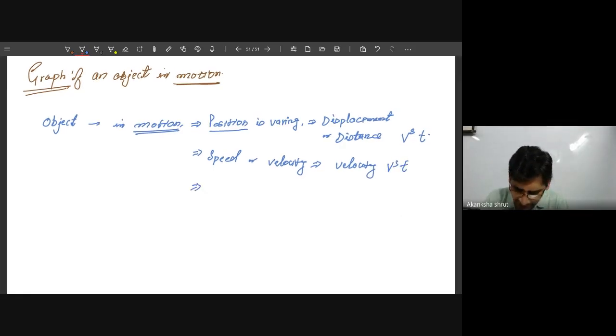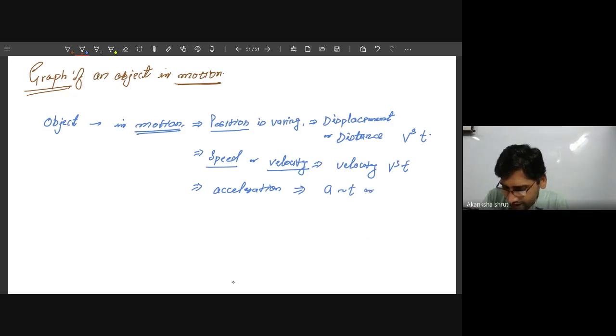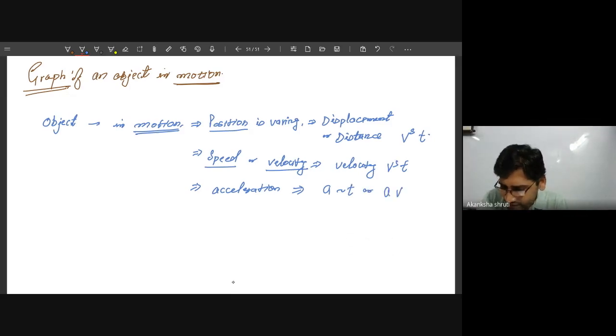Another thing, if the speed itself is varying or velocity itself is changing, then there is acceleration. So therefore we have the acceleration versus time, a-t, graph. So these are the three kinds of graph that are drawn for an object.